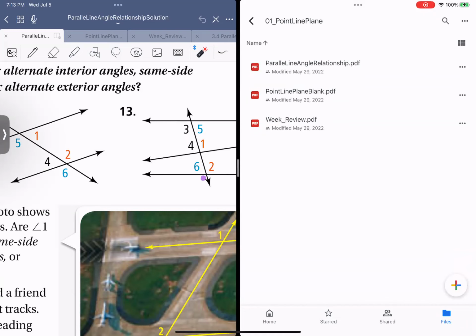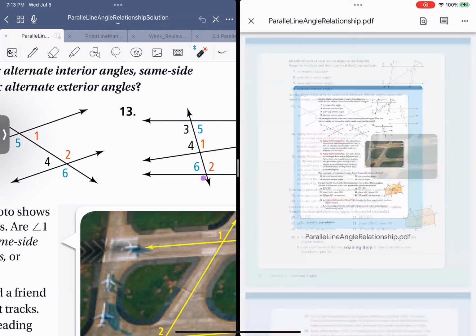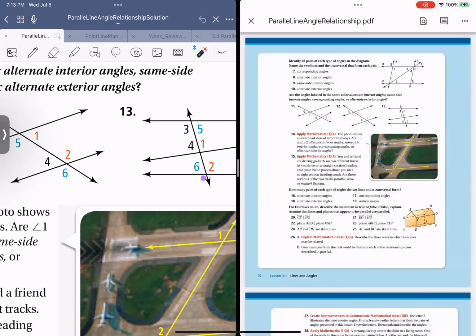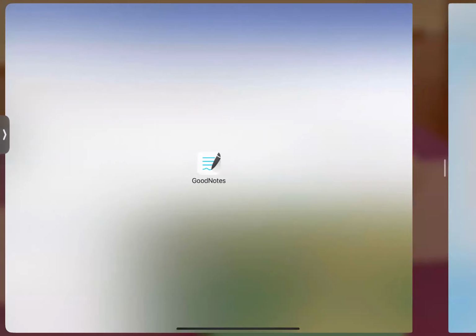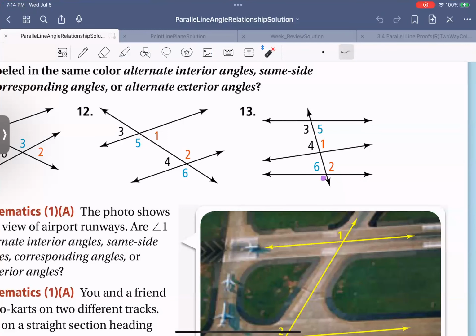So during each class, before the class, I always upload the blank worksheet already. You are supposed to open the blank worksheet or notes, print it out, and punch the holes on the left before the class. During the class, you are welcome to write down all those important notes.